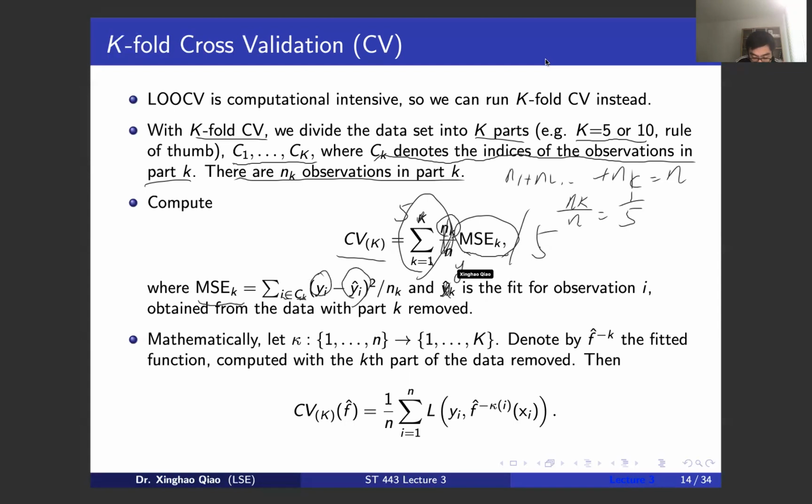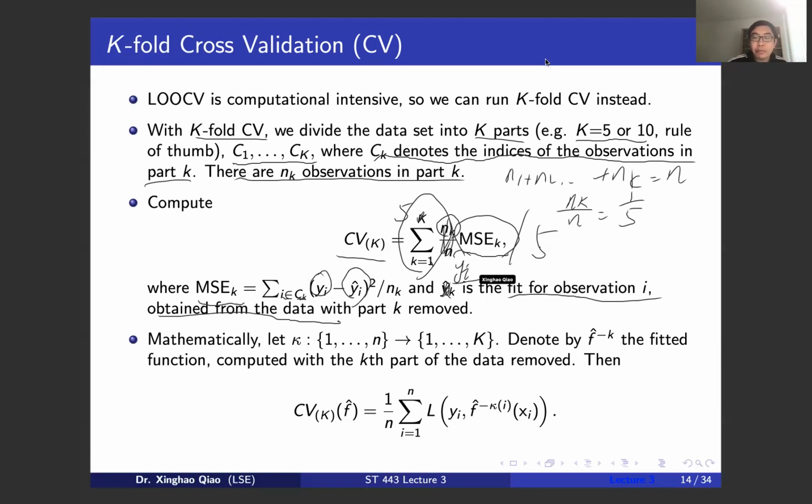We should use yi hat here. yi hat is the fitted value for observation i, which can be obtained with the k-th part removed, because you treat the k-th part as the testing data and the remaining part as the training data. Then you fit your model based on the training data, and based on the fitted model, you get your predicted value for the i-th observation from the k-th part. So this will give you yi hat.